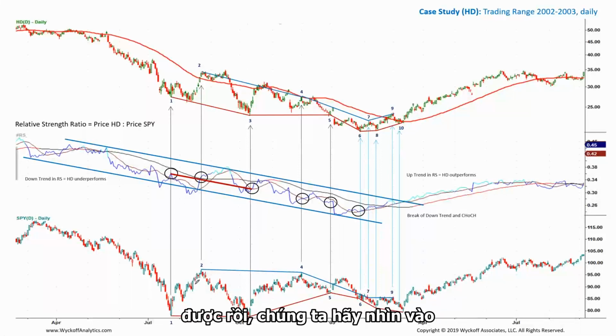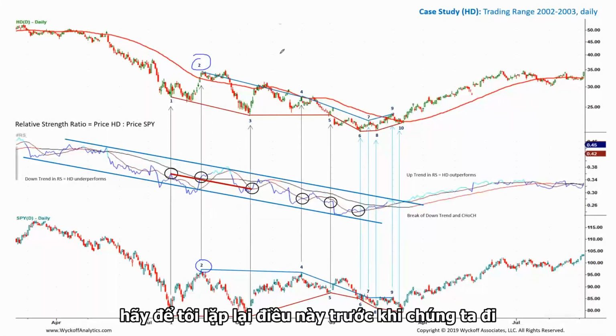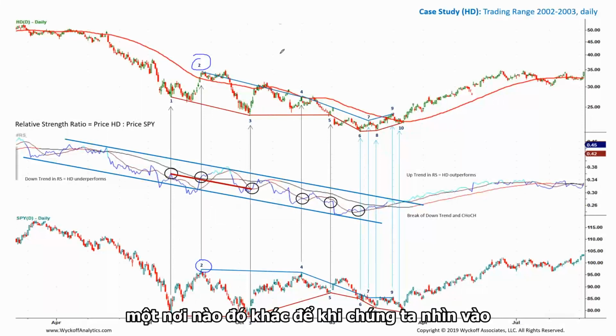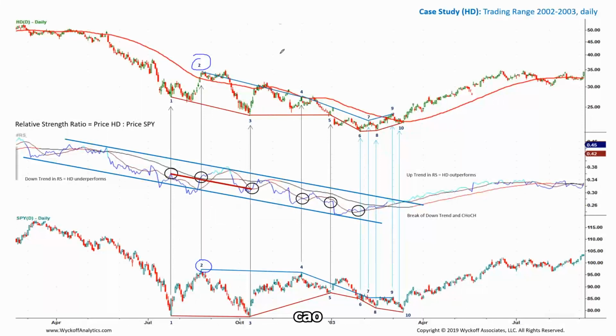All right, let's look at point number 2. So let me repeat this first before we go somewhere else. When we look at the high, we want to compare that high with the previous significant high.